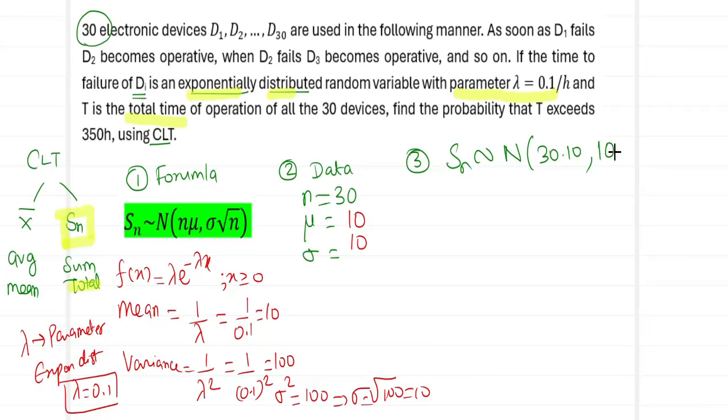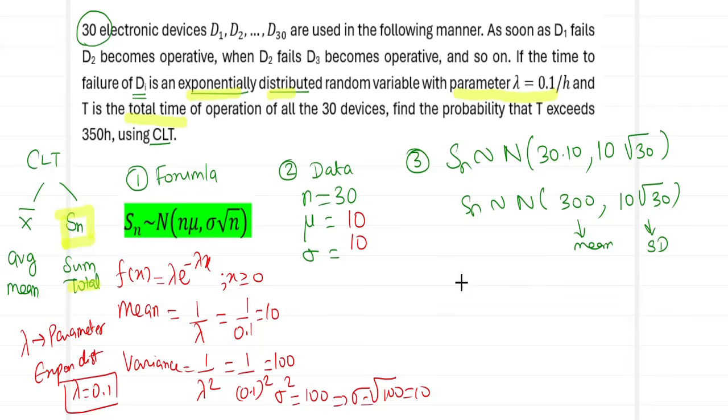Sigma is 10 times square root of n. So what is square root of n? Square root of 30. So now this gives me Sn follows a normal distribution with 300, 10 root 30. So this is going to be my mean and this is going to be my standard deviation.